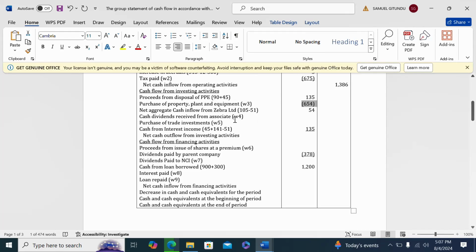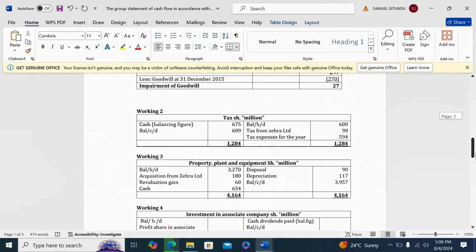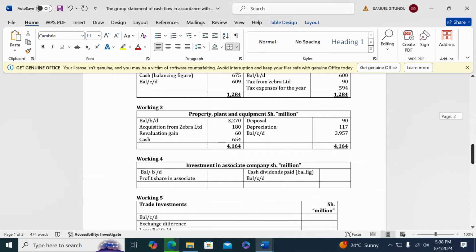Then cash dividend received from the associate. So we need a working for it. How do we get the cash dividend received from the associate? We check what was the investment in the associate as at the beginning of the year.